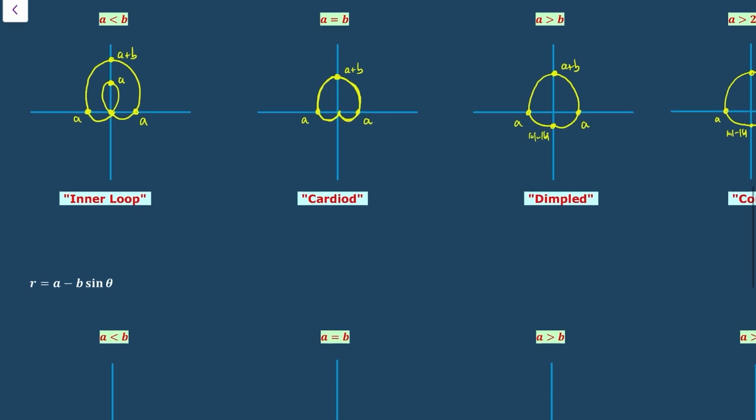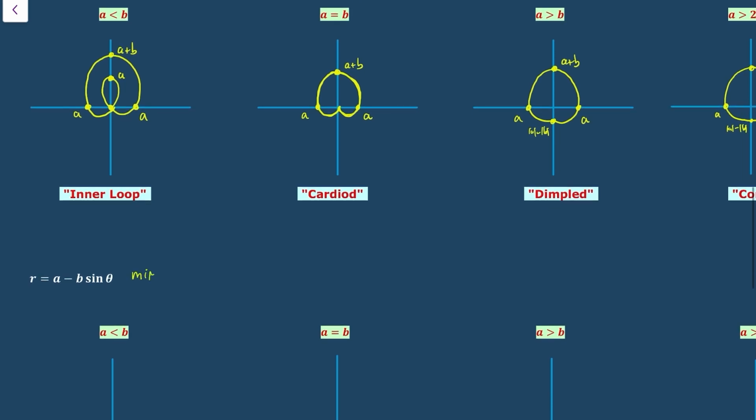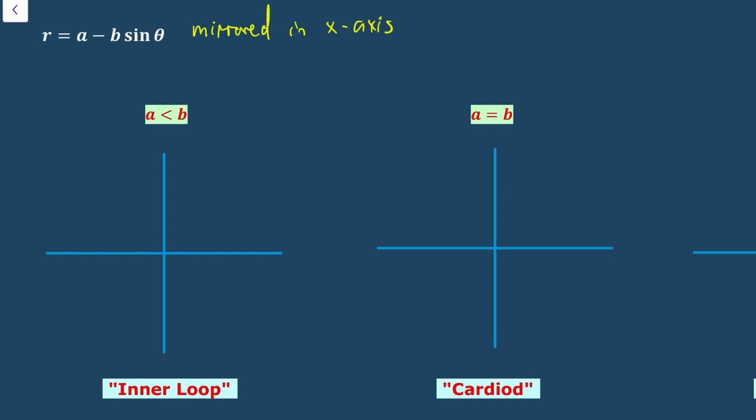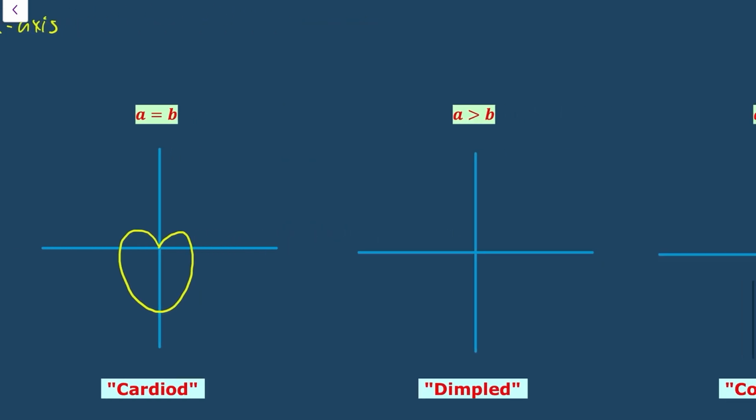In this case, it's going to be mirrored in x-axis. So I will have my inner loop, which is easier just to sketch this way around. Looks like that. I will have my cardioid, which looks like that.